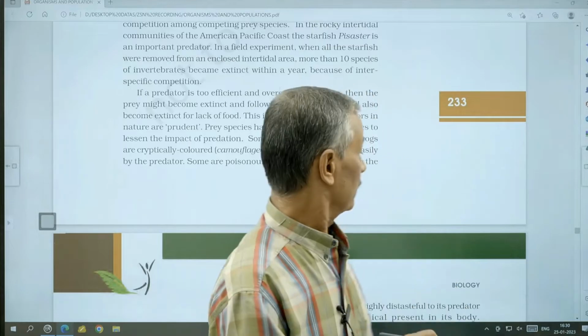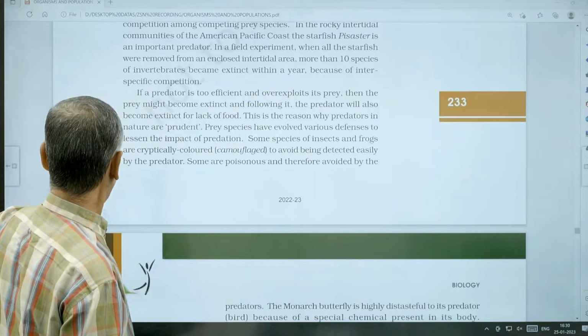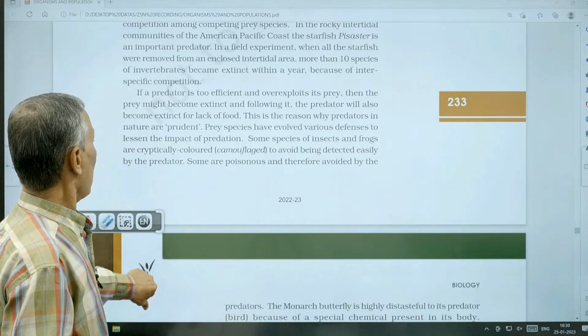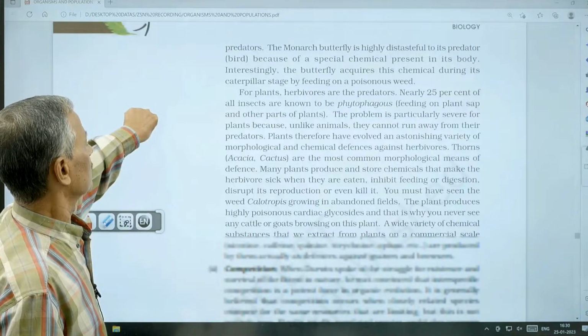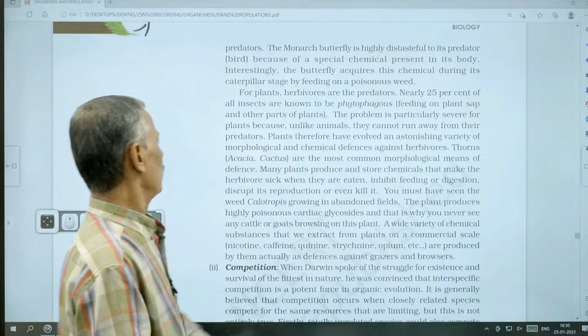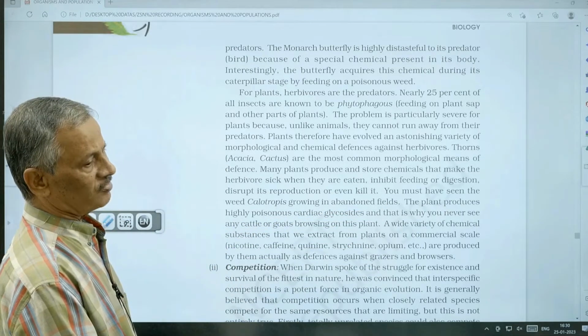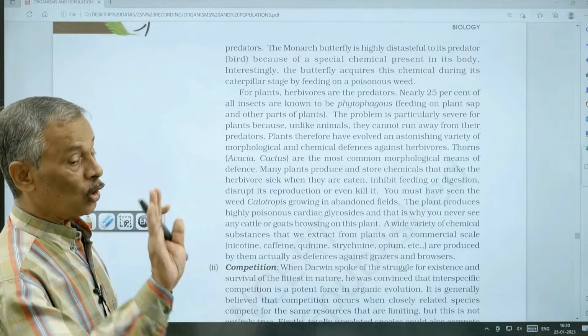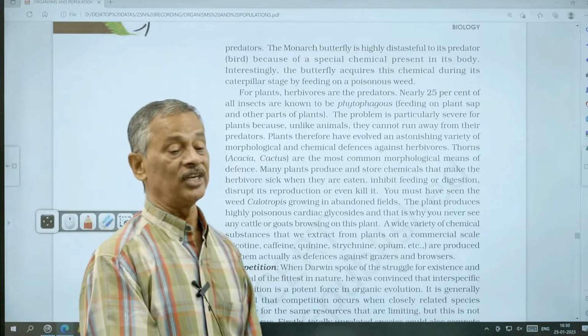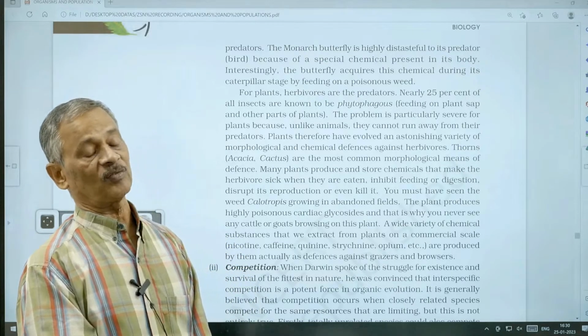The plant which is having cardiac glycosides. Okay, you will be having cardiac glycosides. A classical example is calotropis. No herbivore will come and eat them because of the presence of this chemical.